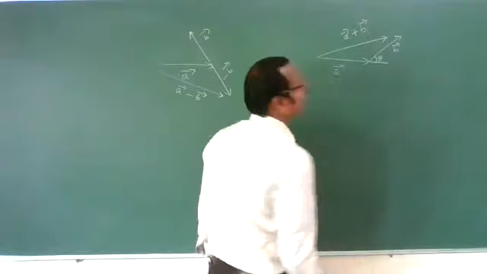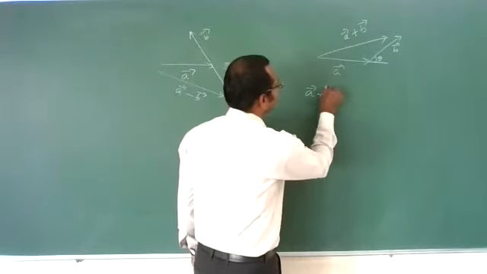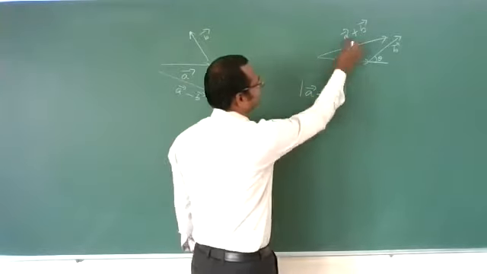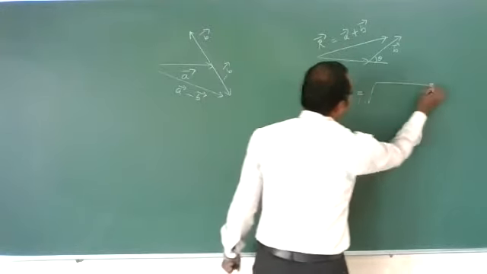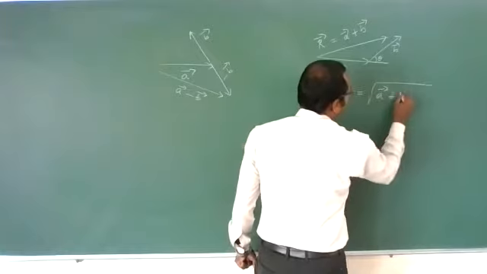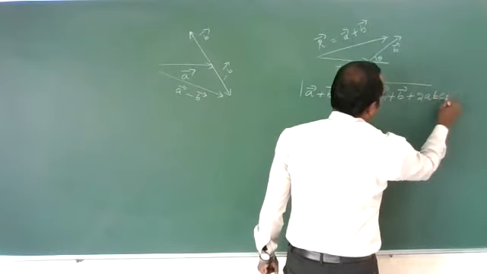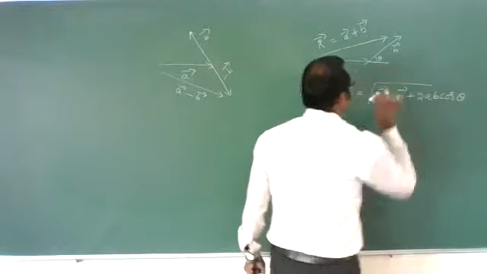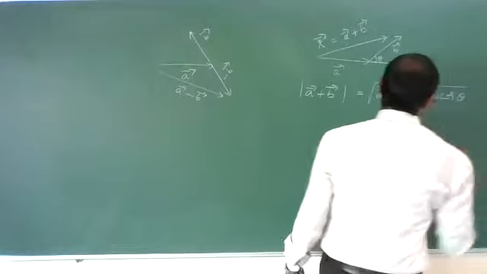How to take its magnitude? The magnitude of A bar plus B bar, that means its resultant, is equal to root of A square plus B square plus 2AB cos of the angle between these two vectors. This is how we have to write the magnitude.